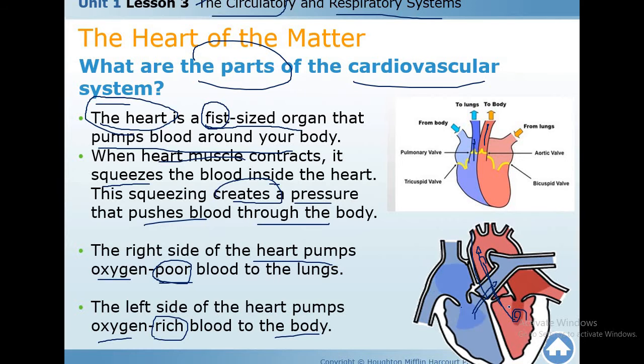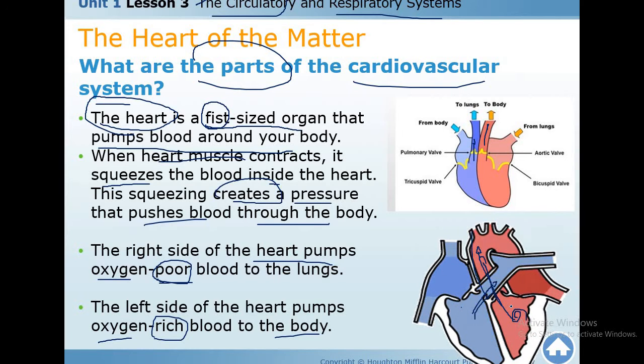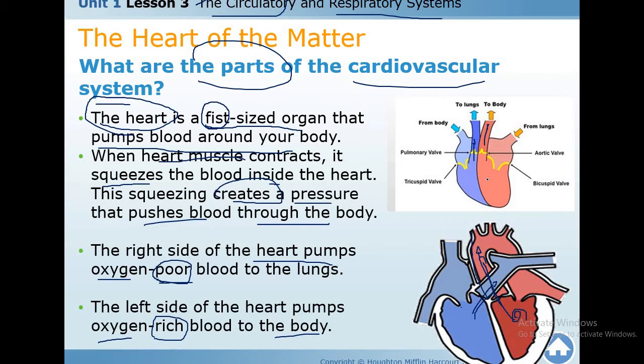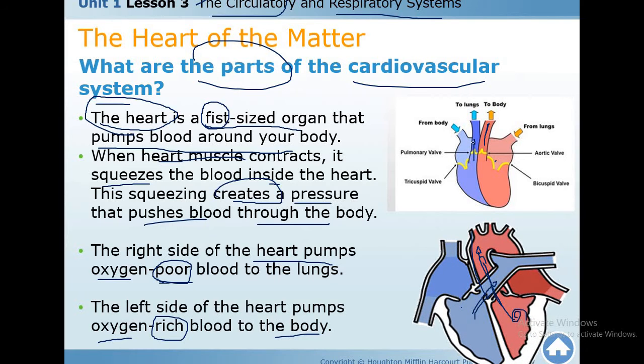While the left side pumps blood rich in oxygen, or highly oxygenated blood, meaning the oxygenated blood leaves this side and is pushed to the body, while here it pushes deoxygenated, or oxygen-poor, blood to the lung.